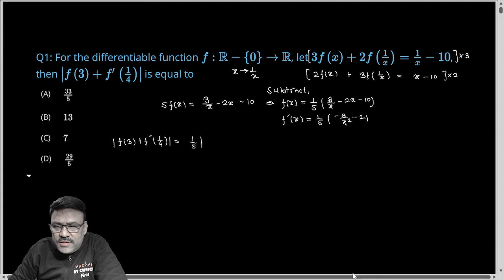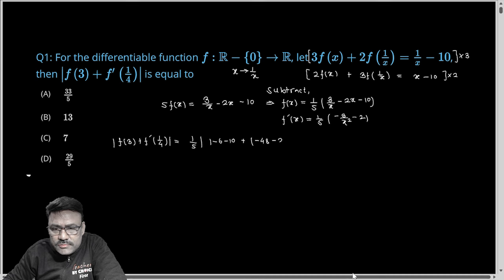Now what is f(3)? f(3) is 3 over 3, 1 minus 6 minus 10. This is f(3). Now what is f'(1/4)? And we are adding it. If you put x is equal to 1 by 4 here, you will get minus 48 minus 2.